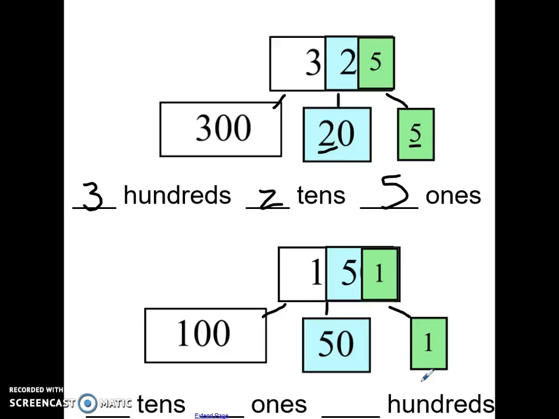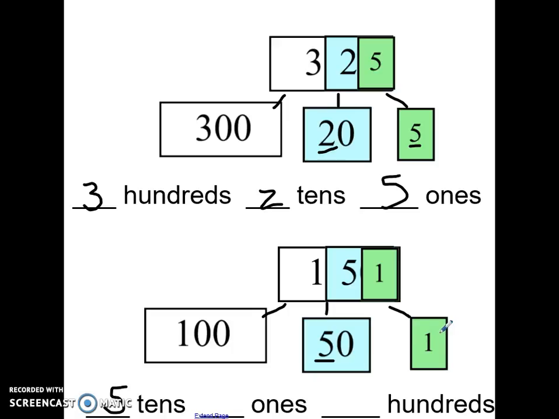Now I'm going to write it in unit form. So let's look closely. Here they want my tens first. So I need to make sure that I'm actually looking at my tens. So I'm going to go to my tens, which is 50, and 50 is 5 tens. So I'm going to write a 5 on the line. Next, they want my ones.